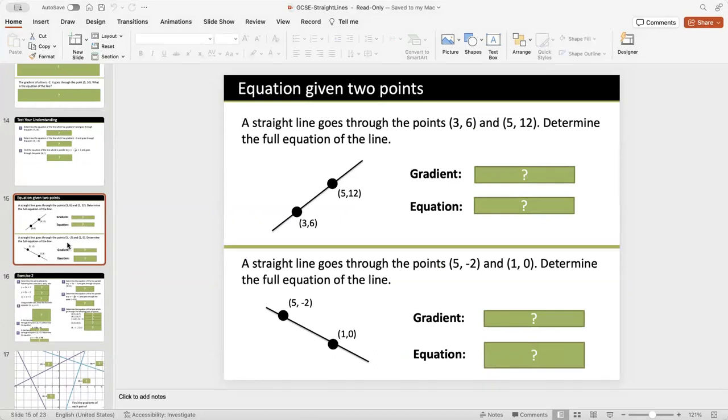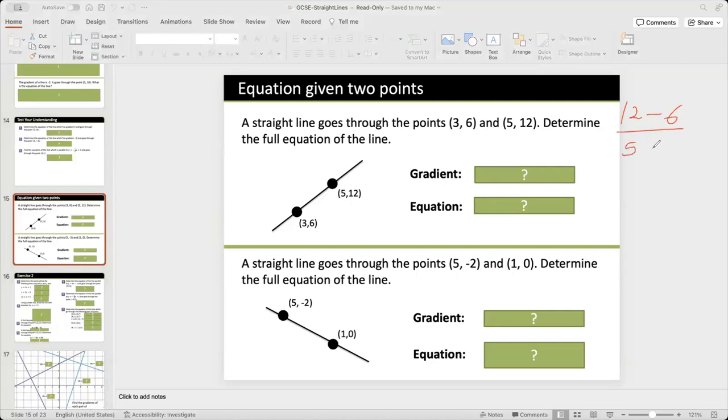Okay, let's try and do the first one, and you can have a go on the second. 12 minus 6 over 5 minus 3. Make sure you're taking one coordinate from the other so that it can be clear. So it's going to be 6 divided by 2. That gives you 3.